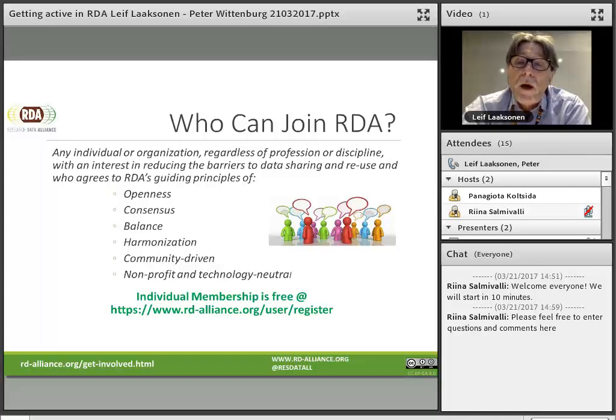The only thing you have to agree to at the time when you join RDA is the bullet points. You have to agree about the openness, consensus, the balance, the harmonization, the community-driven, and that it's a non-profit and technology-neutral organization. But it's free. Any individual can join RDA when you comply with these bullet points.